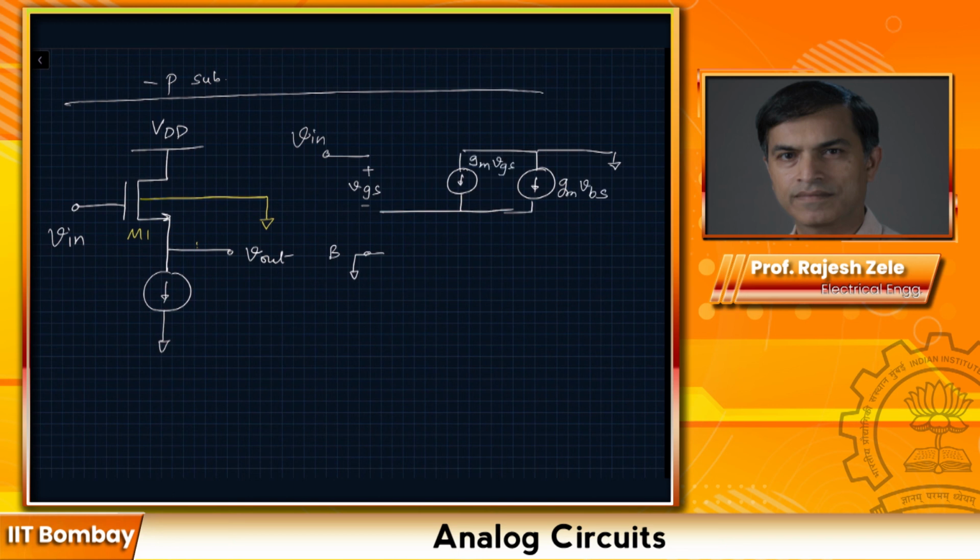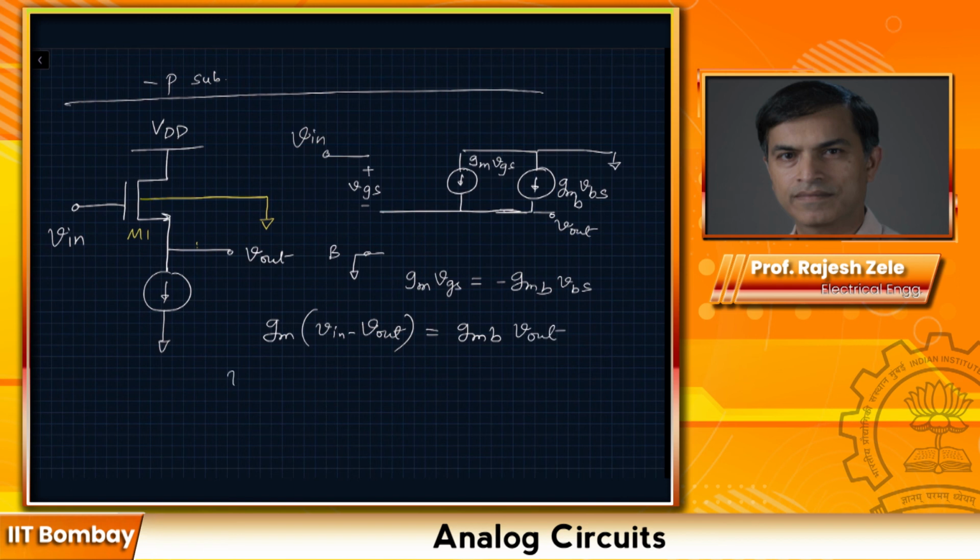So in this case, you can see that gm vgs is equal to minus gmb vbs. So we can say this is our Vout. Let's write the expression: gm times (Vin minus Vout) is equal to gmb times Vout.